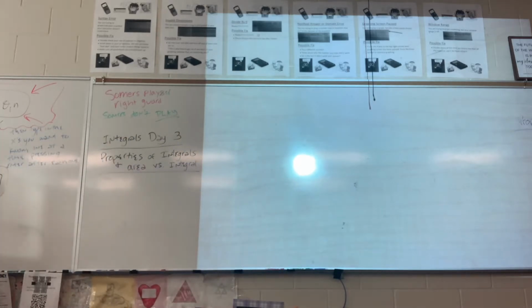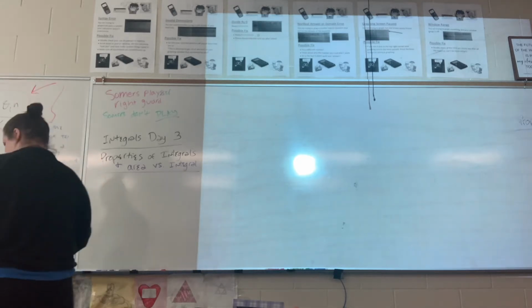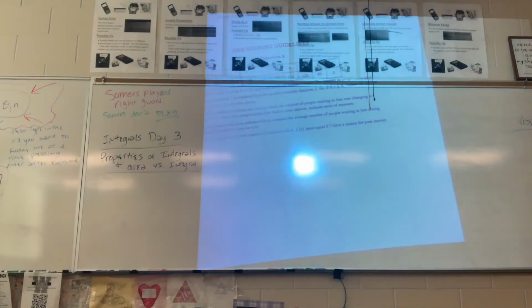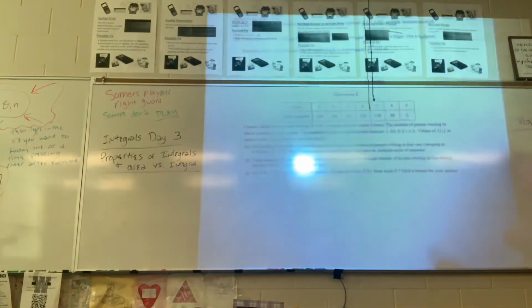I did it, and then I checked it, and it wasn't the right answer, but I couldn't figure out why. Probably the word average, but we'll talk about it. Okay, so, second one, part B.